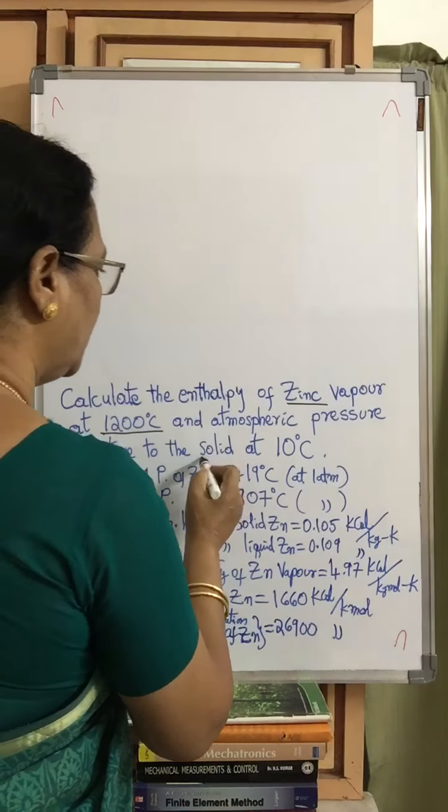Then still supply heat. From 419 the temperature will rise, and this is liquid zinc only. Till the boiling point of zinc, 907.